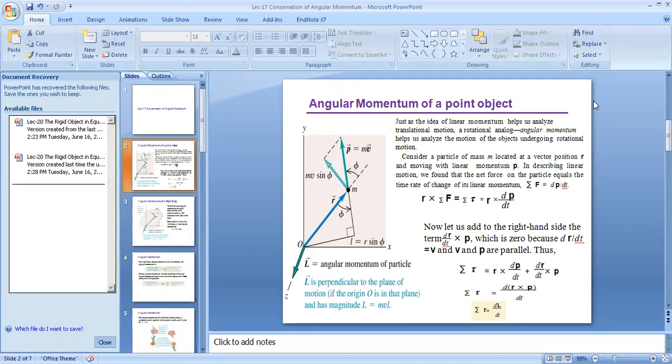Initially, we will discuss the angular momentum of a point object.